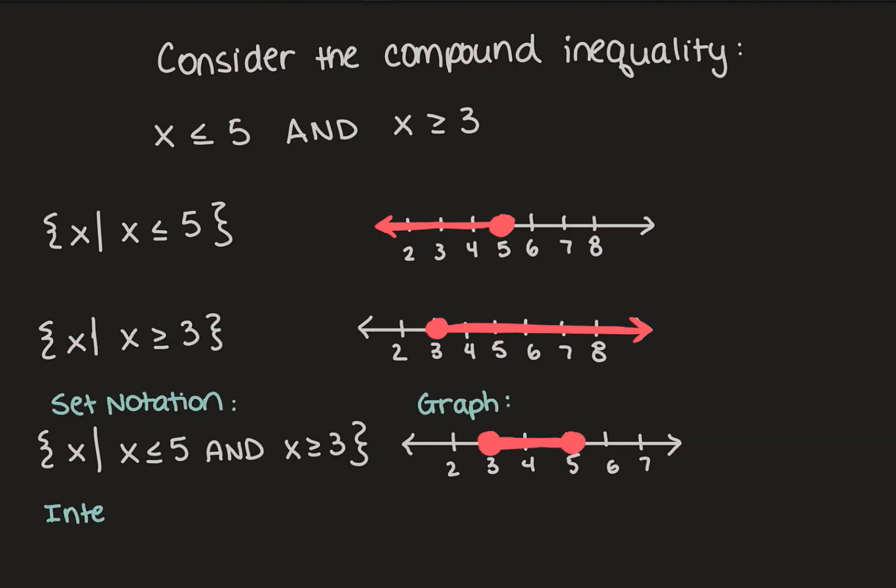To represent this in interval notation, our minimum is 3 with a bracket since there's a closed circle, and the maximum is 5 with a bracket since there's also a closed circle. As a note, we can represent this inequality with x between 3 and 5, and we'll explain that in a little bit.